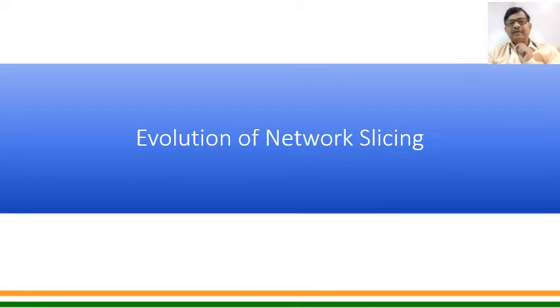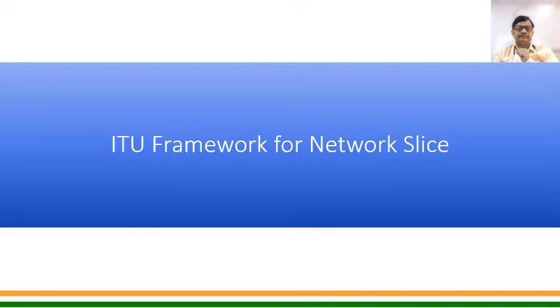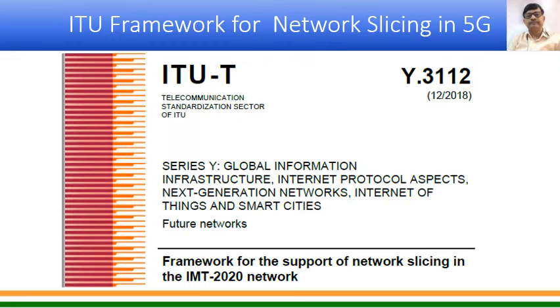Now let us look at how network slicing has actually evolved over a period of time and where we are as of now. Let us first look at the ITU framework for network slicing. ITU-T, that is the telecommunications sector of ITU, deals with this particular subject.